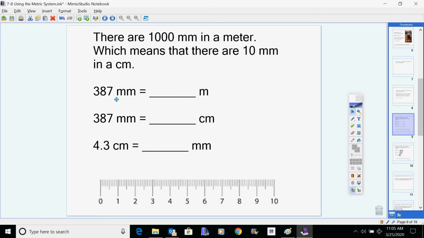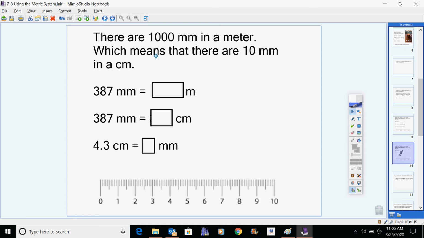So if you have 387 millimeters, and there's 1,000 millimeters in 1 meter, the math that we would need to do would be to take your 387 and divide it by 1,000.